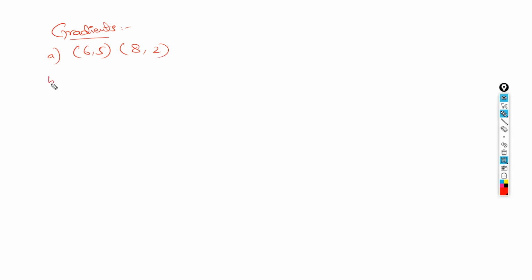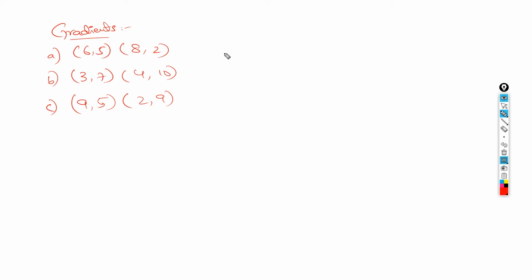Six and five, eight and two; 3 and 7, 4 and 10; 9 and 5, 2 and 9. Let's take this. I'll do one for you and the rest you have to do yourself.